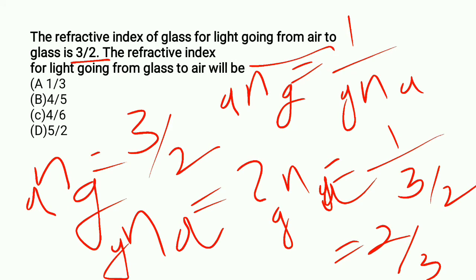Now you take it to the numerator, it is 2 divided by 3. So here we got the answer 2 divided by 3, but in the lesson we have the options 4 divided by 6, 1/3, 4/5, 5/2.